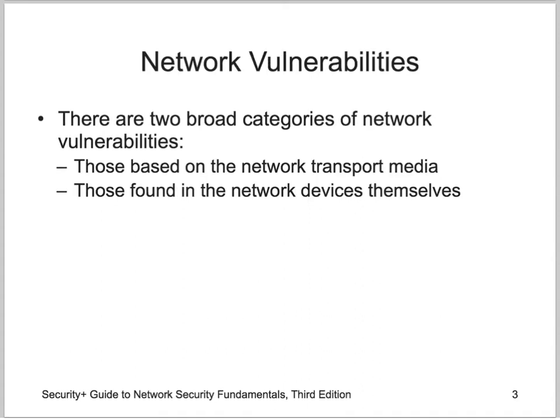So there's two broad categories of network vulnerabilities. First is those based on the media itself. Like Thursday we're going to do some on Wi-Fi and wired both. Those are the two main medias that people attack networks from, because that's what your network's connected to, whether it be Cat5 or wireless. And then also found in the network devices.